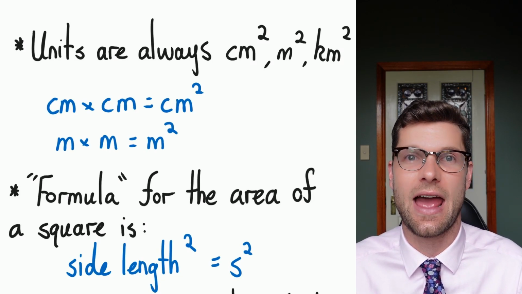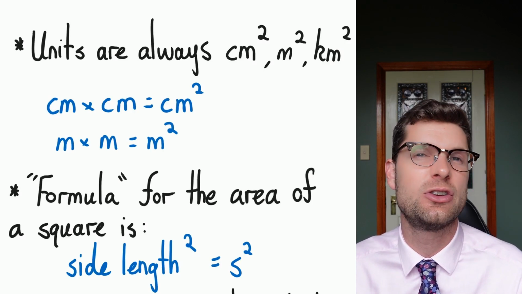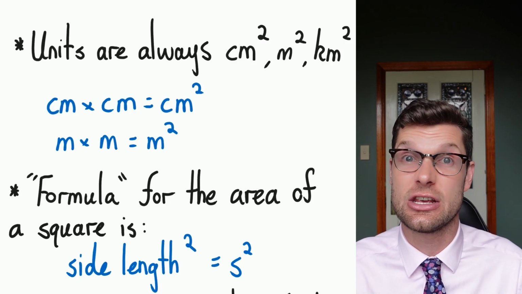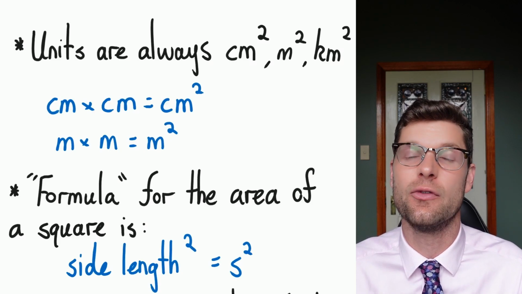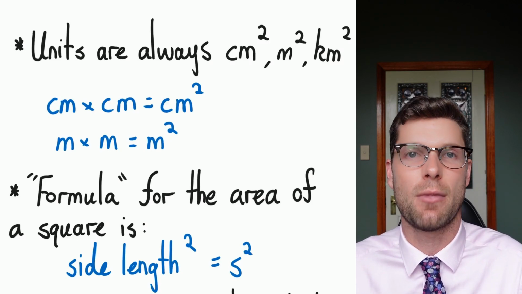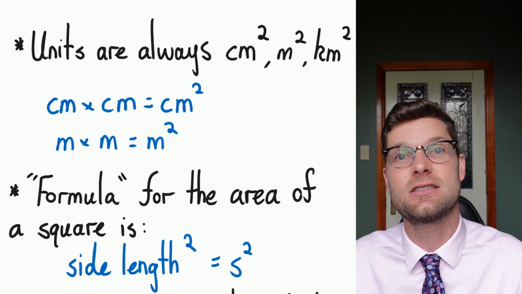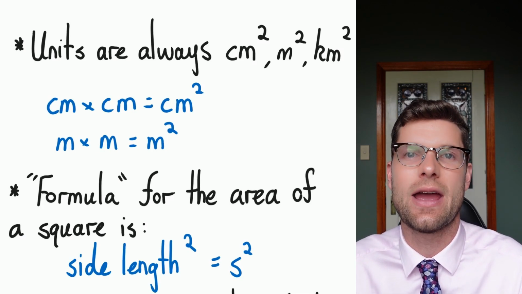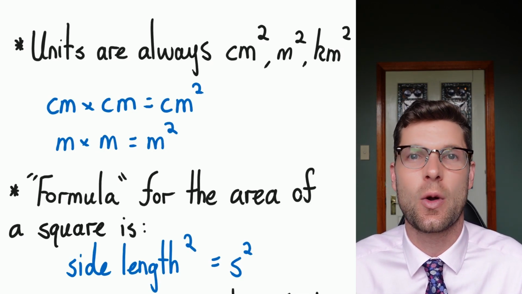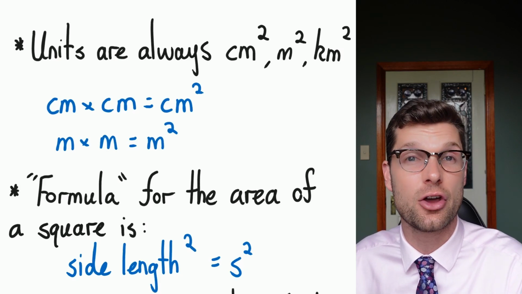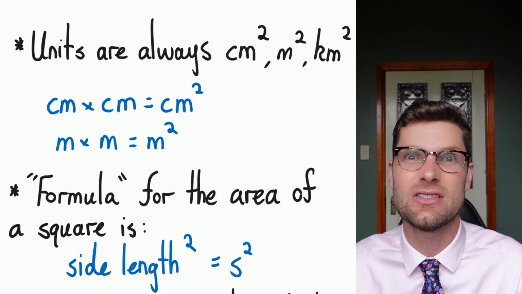We can't just have centimeters by itself when we talk about area. This is because the units are multiplied by themselves when we do those 2 side lengths multiplication. So centimeters times centimeters is centimeters squared, and meters times meters is meters squared. We have to make sure we have those units in correctly using those index laws.